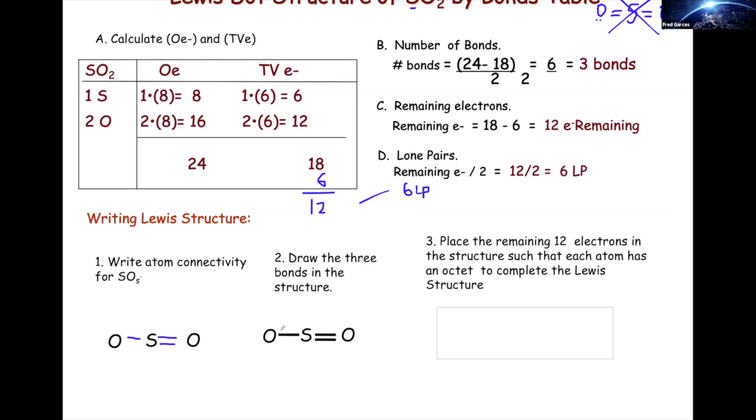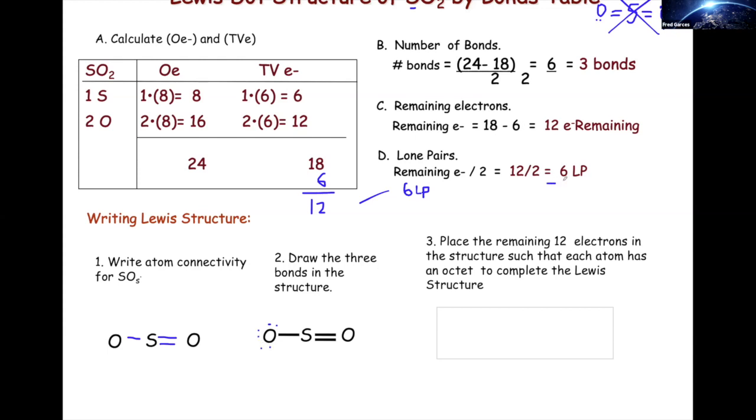And let's go over here. I don't want to show you the structure yet. Always work the flanking atoms first, that is the outer atoms. And then when you have extra electrons, look at the central atom. This oxygen only has 2. We need to give it 8, so it needs 6 more. That's 3 lone pairs.